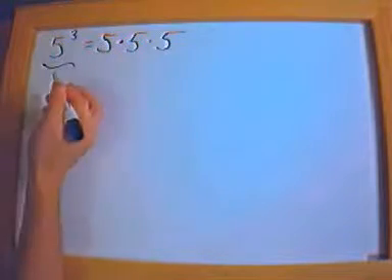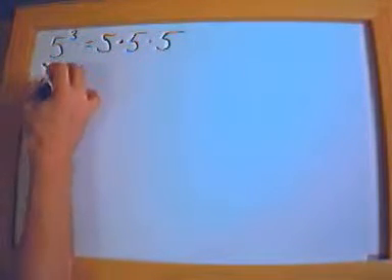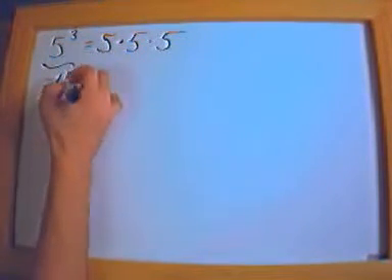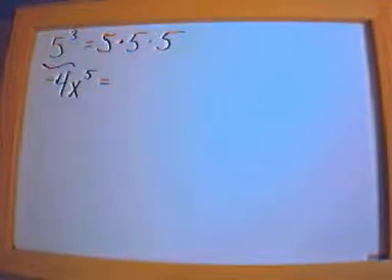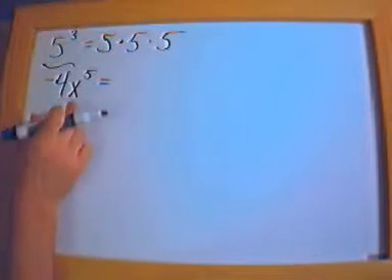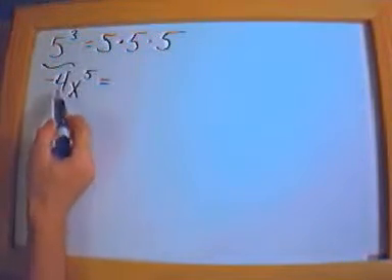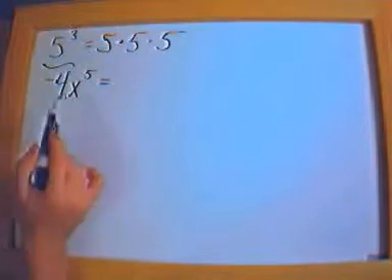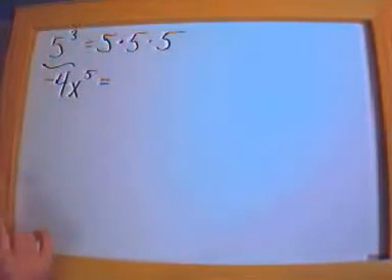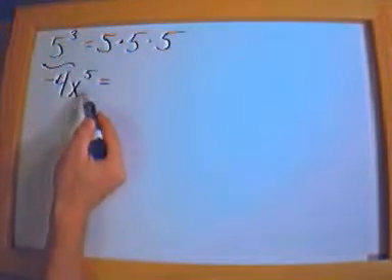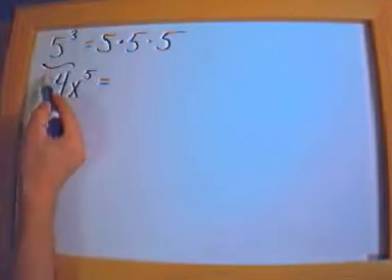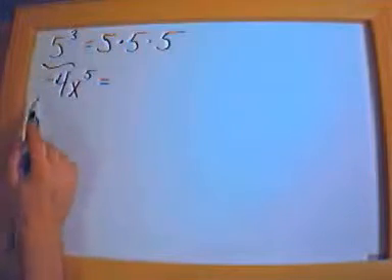Let's take a look at something like negative 4x to the fifth. How would we write this without using any exponents? How would we expand this out? Well, first, just take note here. There's no parentheses anywhere, and so we have something raised to the fifth power, and that thing that's raised to the fifth power is the x here. The negative 4 is completely unrelated because there's no parentheses.